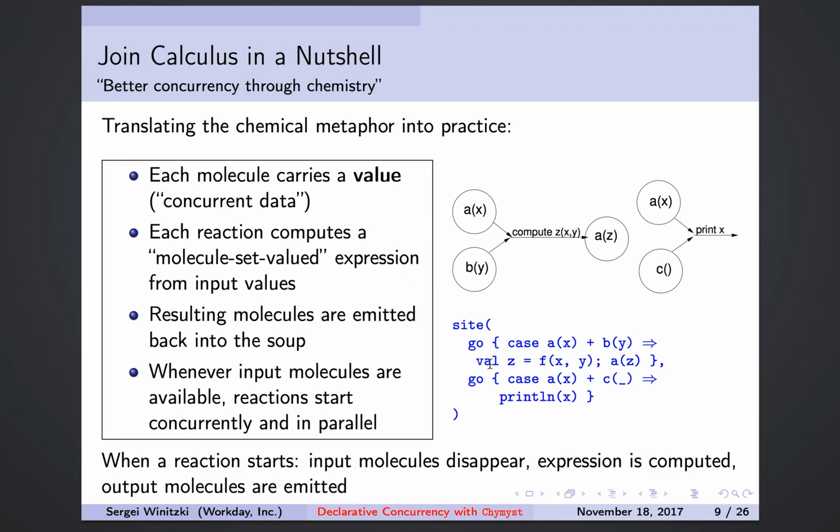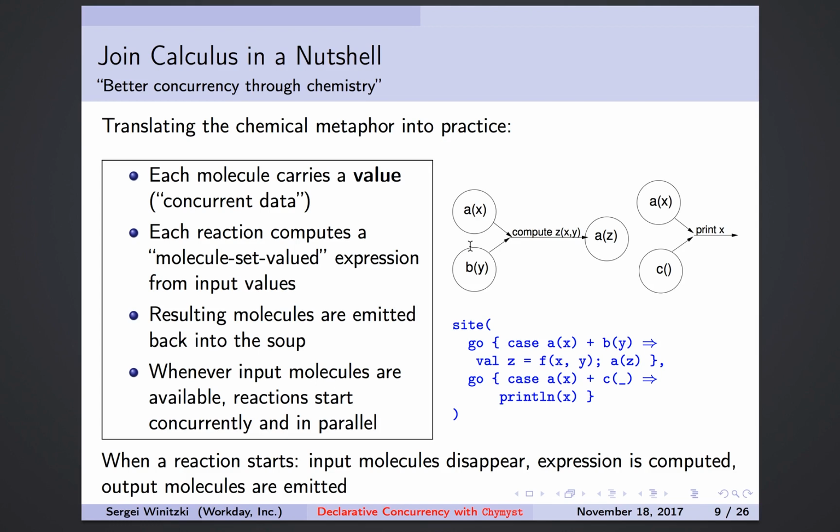We can actually write arbitrary Scala code emitting molecules or performing side effects. The resulting molecules, if emitted, will be put back into the soup, and we'll be able to react again with further molecules. As we said, the runtime system must be implemented in such a way that it will start reactions concurrently and in parallel whenever sufficiently many input molecules are available.